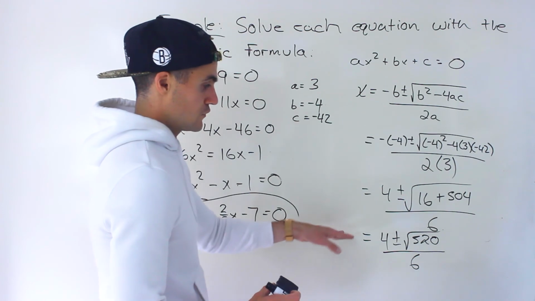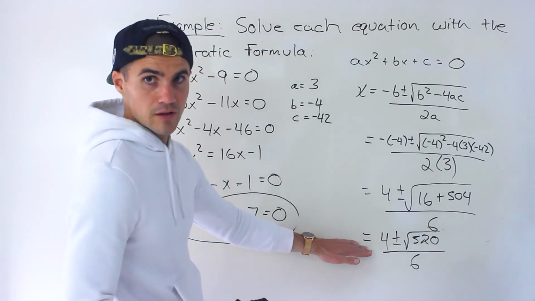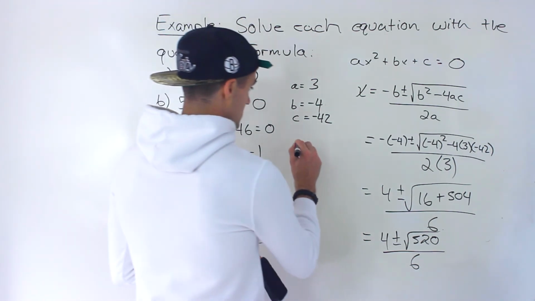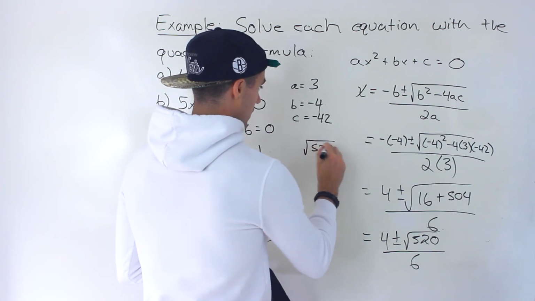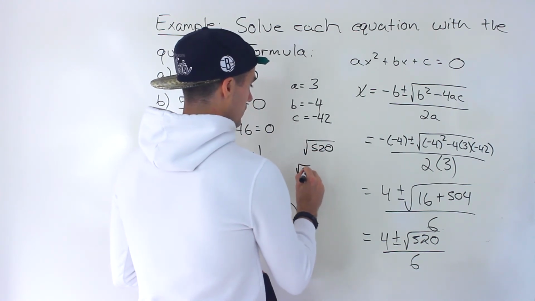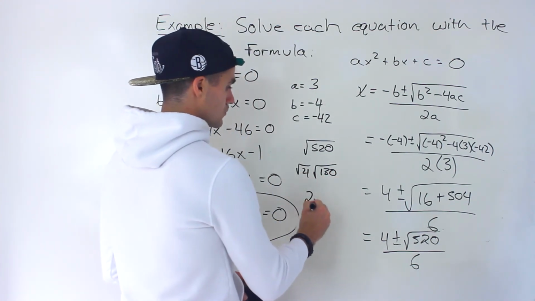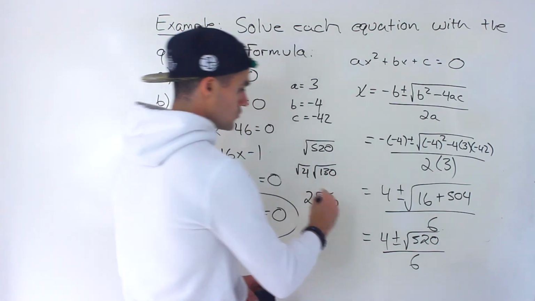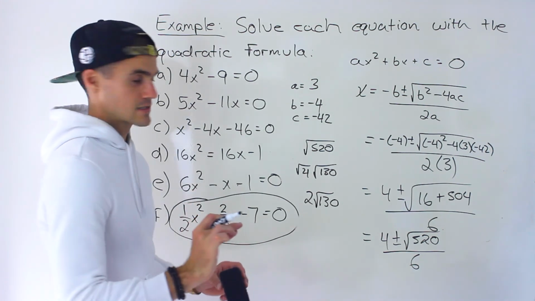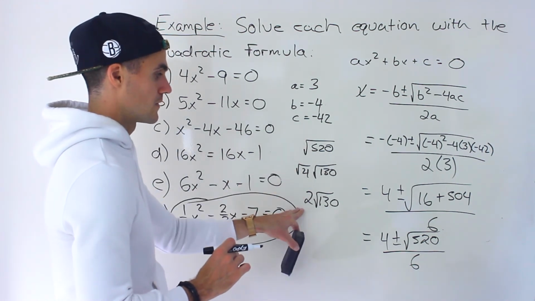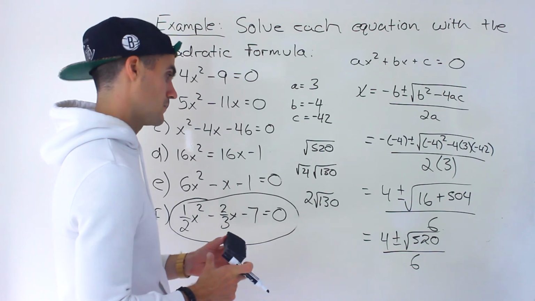Now, if your teacher allows you to, you could leave it like this, but the root 520, that actually simplifies. So root 520, we could actually divide this by 4. We'd get 130, and then root 4 is 2. So root 520 and 2 root 130, those are the exact same thing. If you plug them both in your calculator, you'd see that they're the same decimal.